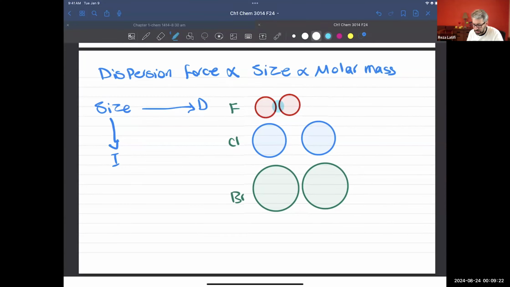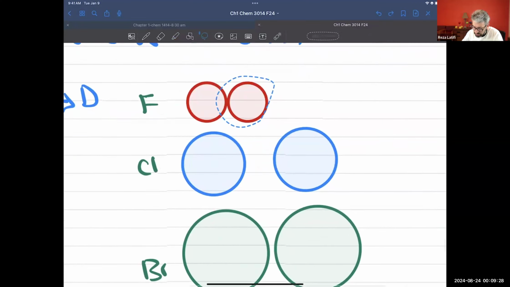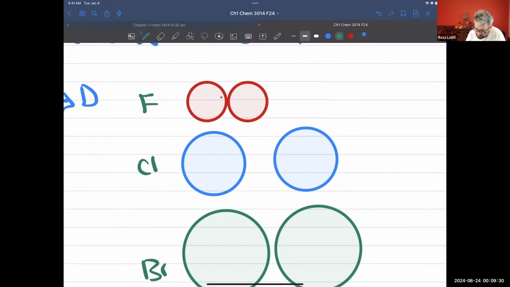If I bring this one really close and zoom in, this is the area where they are in touch.